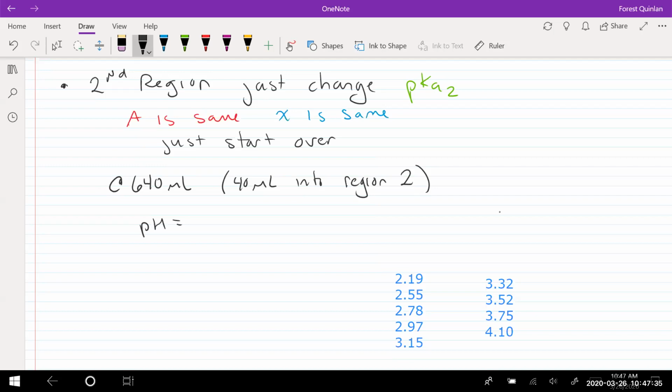pH is equal to pKa2, which was 4.78, plus log of 0.02 over 0.2 minus 0.02. We're going back to that same increment.